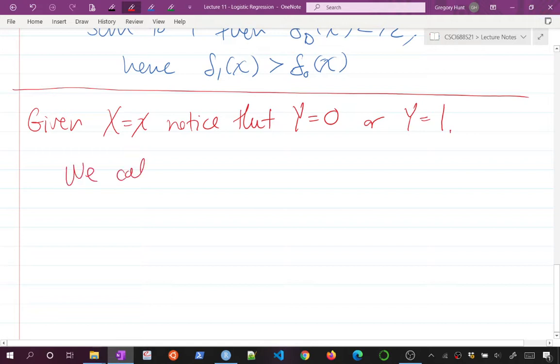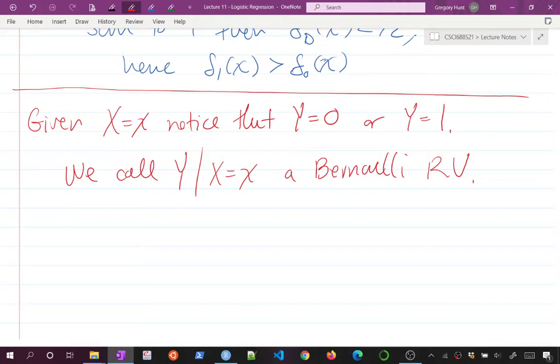We call y, given my data, a Bernoulli random variable, right? So Bernoulli random variables take on either 0 or 1. So all this is a Bernoulli random variable.